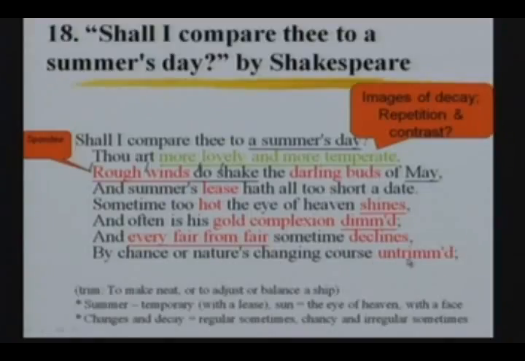Okay, by chance, declines by chance or nature's changing course untrimmed. Untrimmed again is the verb. Untrimmed by chance or nature's changing course. By chance, coincidence, or nature's changing course. 自然的 unpredictable, changeful way of development. Okay, and usually we talk about like trimming something, like trimming your hair, trimming the tree to make it tidy.